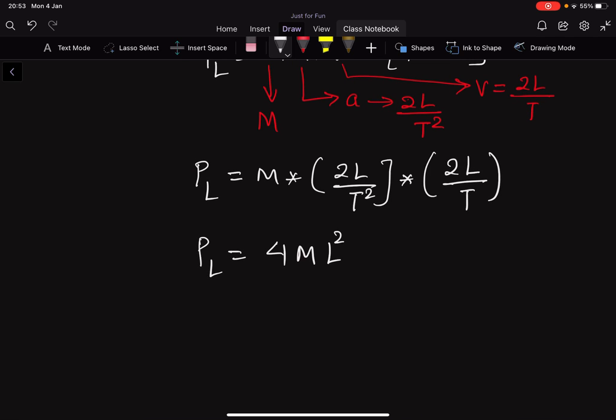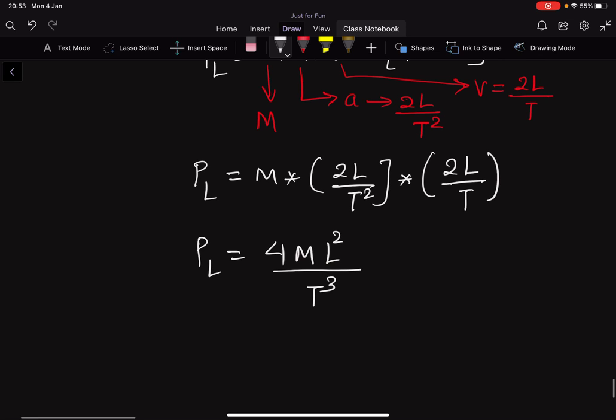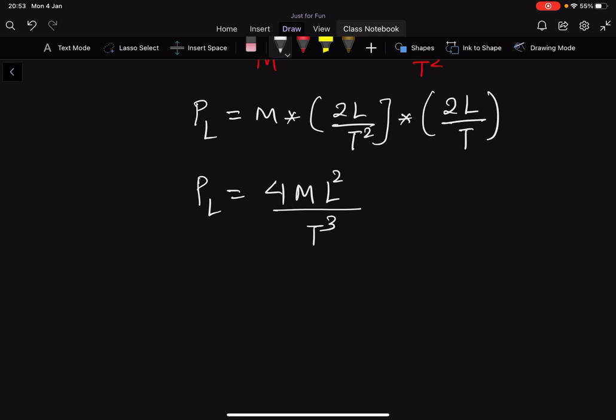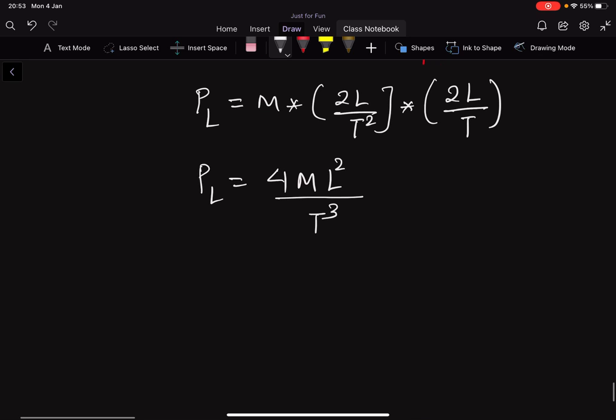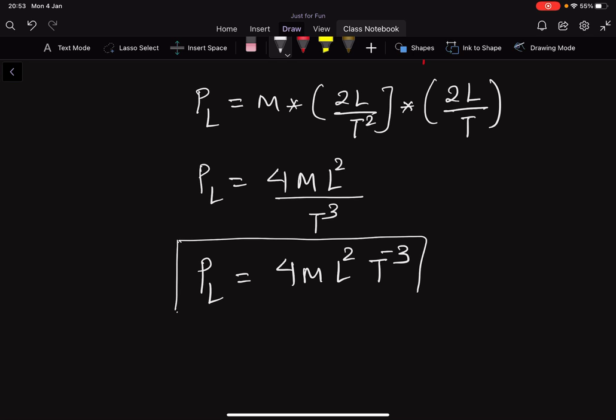And then we have t square times t, we're going to get t cube. And we can write this in a single line by making that positive power into a negative power, so it goes up. So finally we are getting PL equals m L square t minus 3. And that is our formula for the linear power from the dimension analysis.